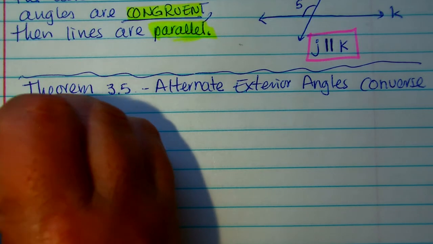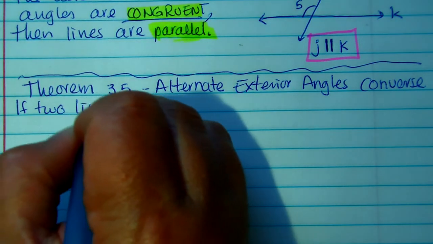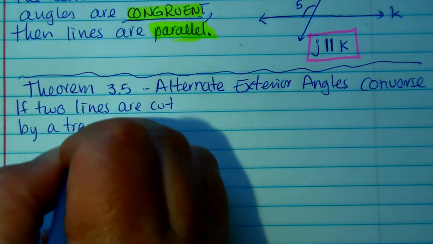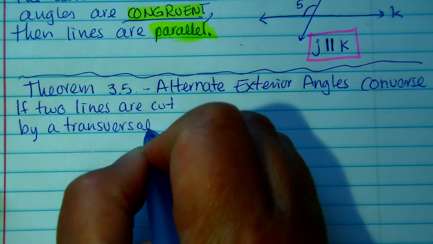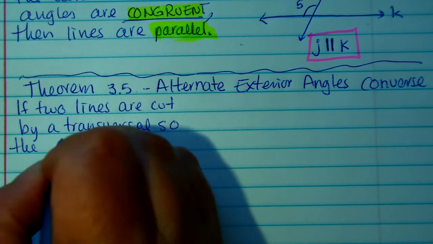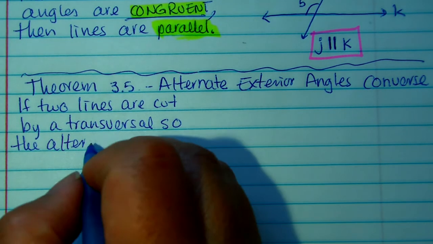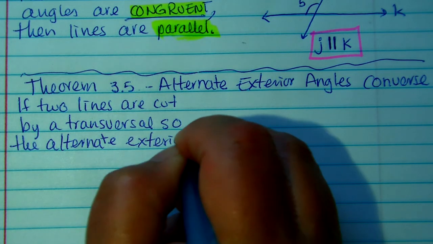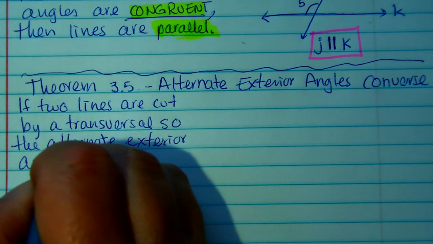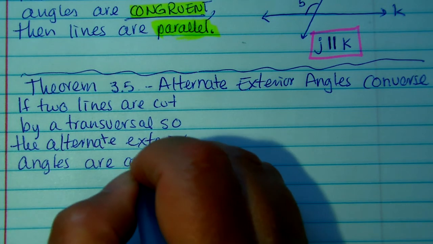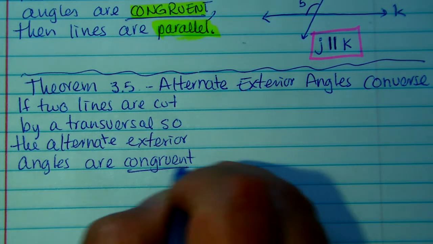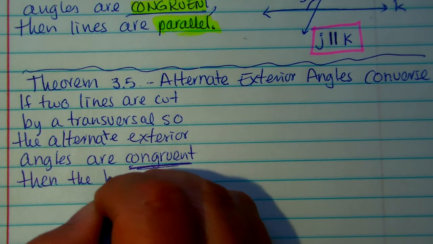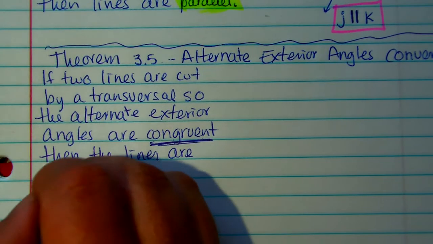And it says, if two lines are cut by a transversal, so the alternate exterior angles are congruent, okay, if the angles are congruent, then the lines are parallel.